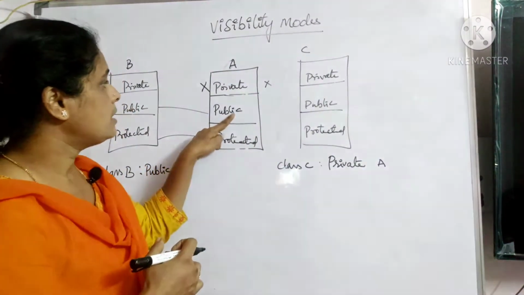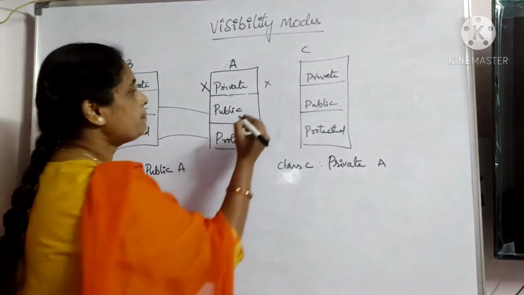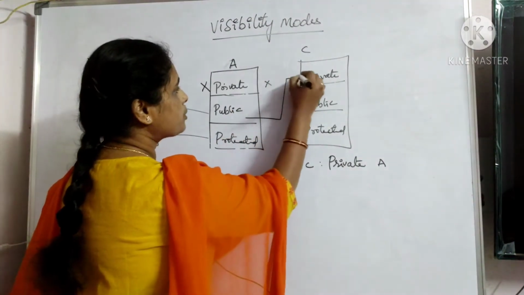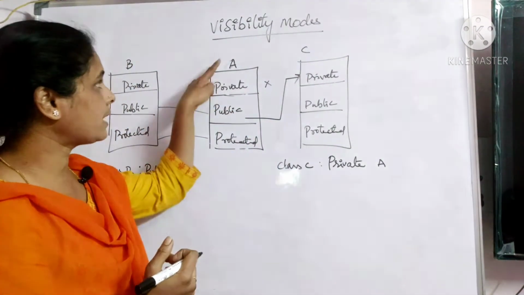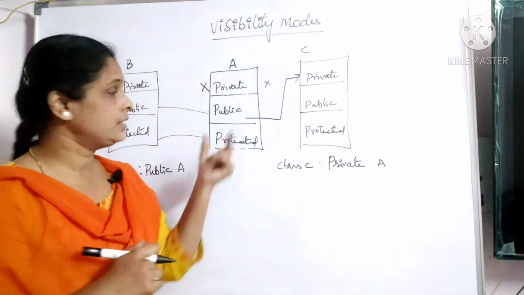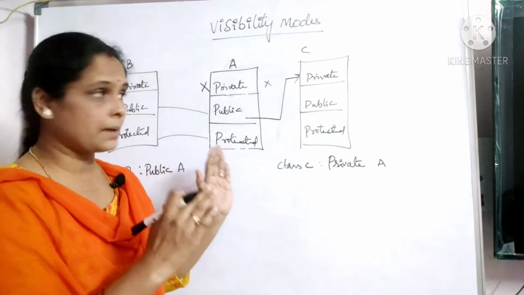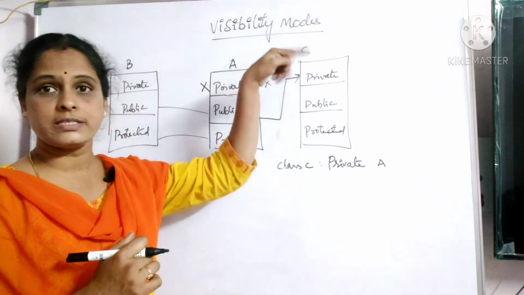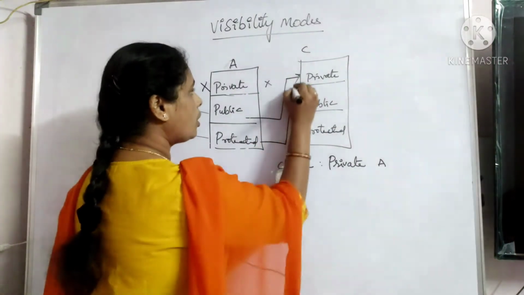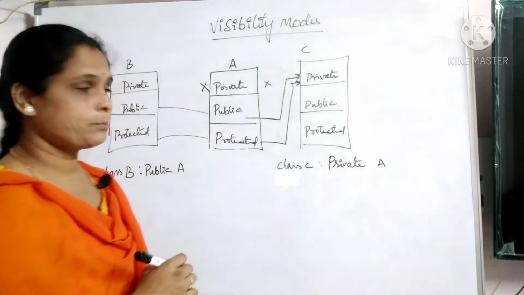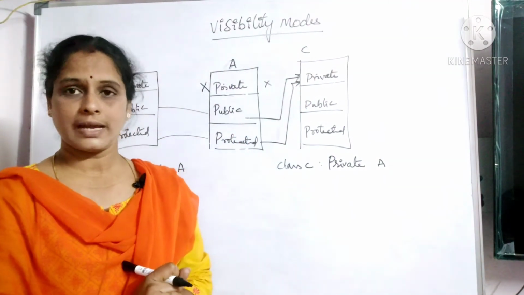Coming to the next thing, whatever public data is there, the public data of the parent class, I repeat, the public members, become private when it enters into the child class. In the same way, protected data also becomes private when it enters into the child class.